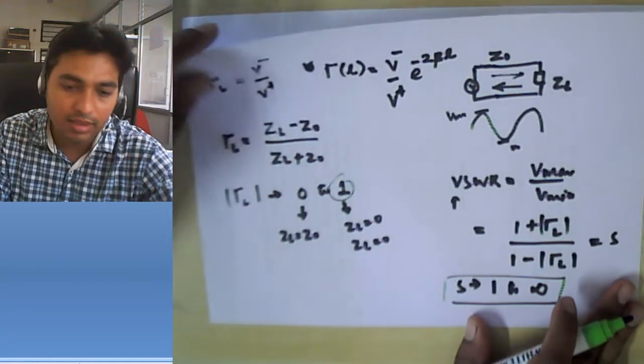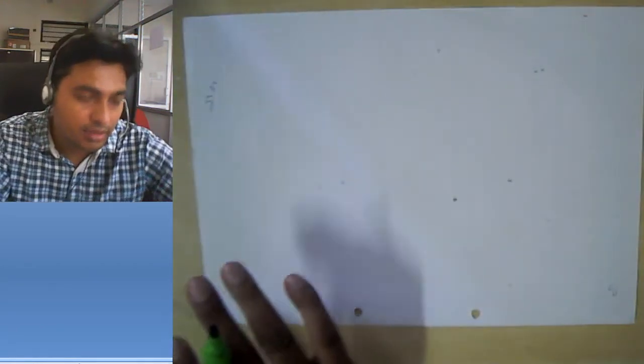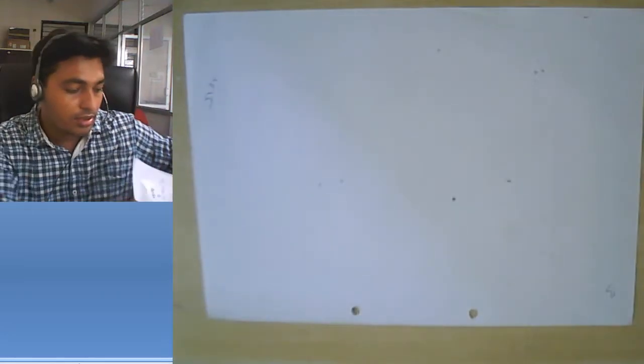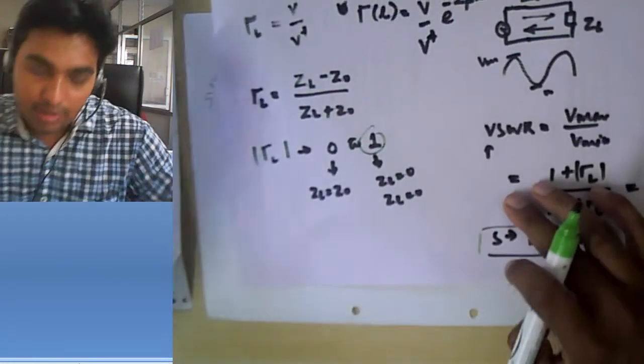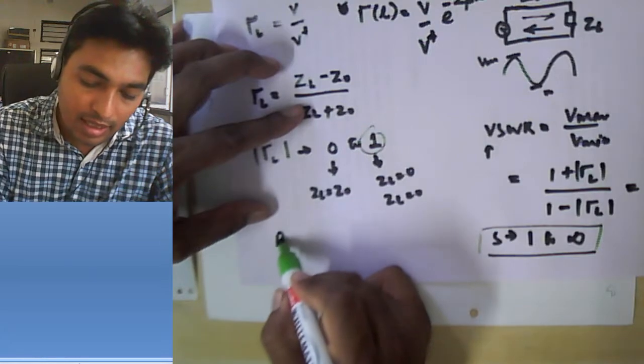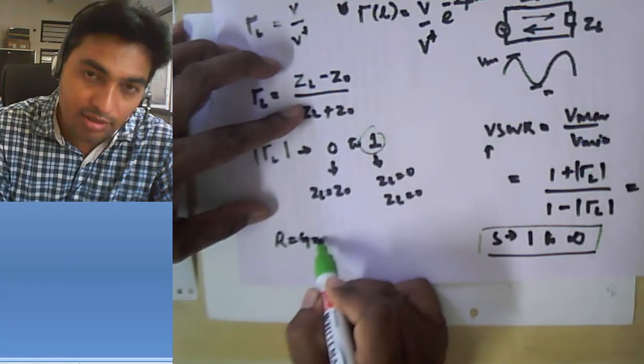Next we will see, we have derived the voltage and current equations, and we have seen the lossless transmission line. For a lossless transmission line we have a condition, that is R is equal to G is equal to 0.